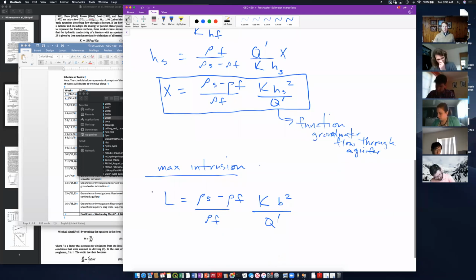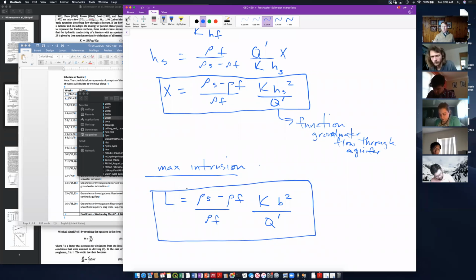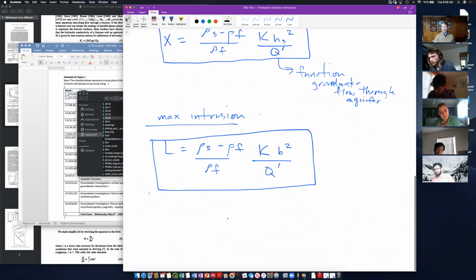All right, so these equations can help us think about a few things, and some interactions that are common.